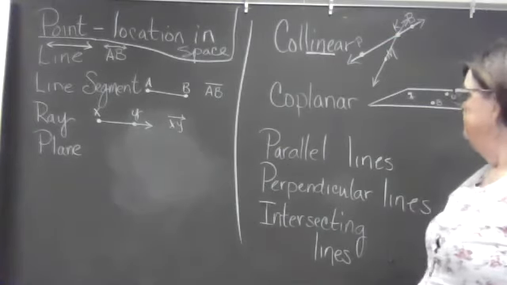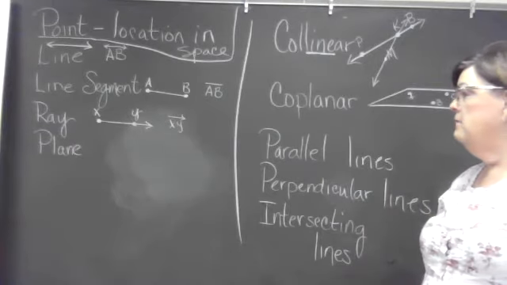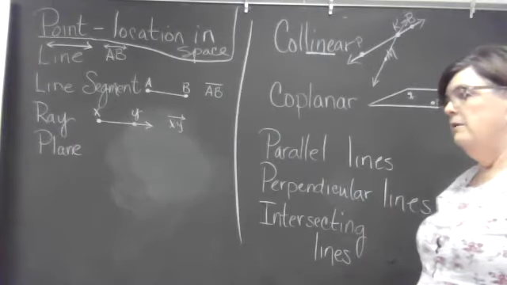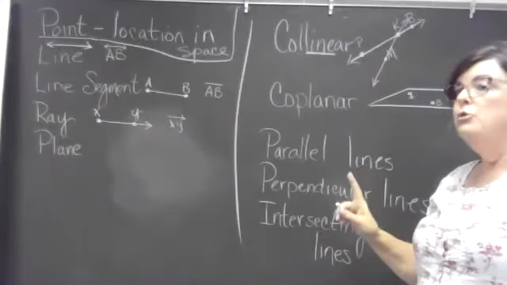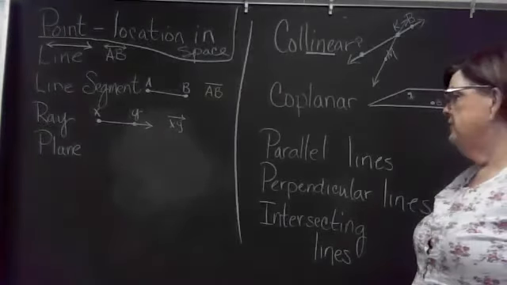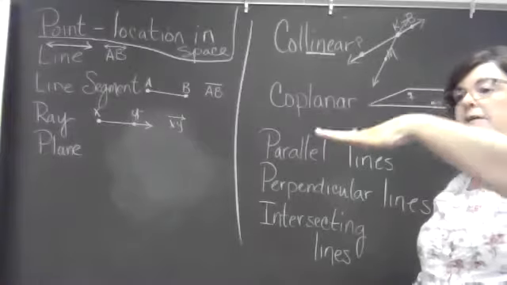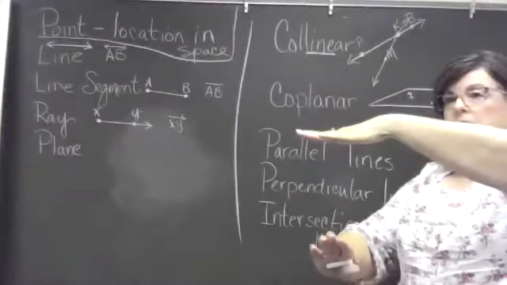All right. Parallel lines. The definition of parallel lines is two lines that never intersect. Again, two lines in the same plane that never intersect. Because we could have a plane up here. We could have another plane here.